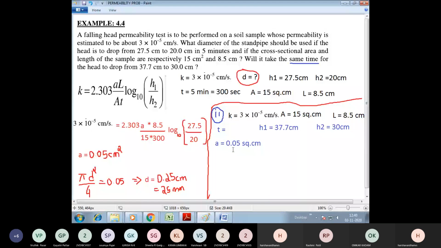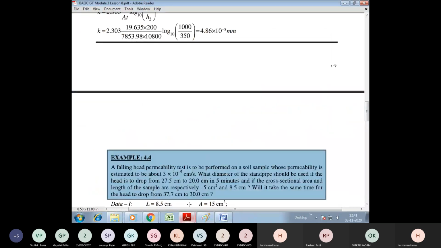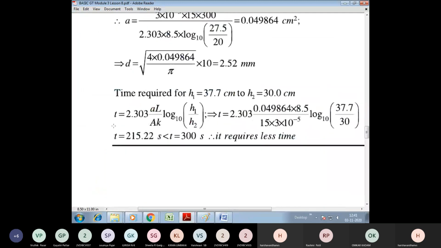So you have to substitute all the values in this equation and find the value of T. If you substitute all the values in the equation, the value of T will be 215 seconds.